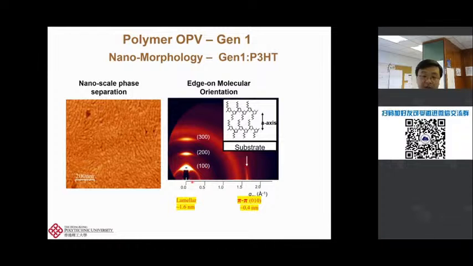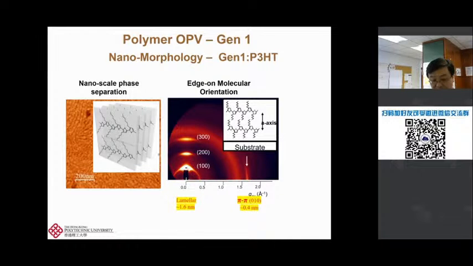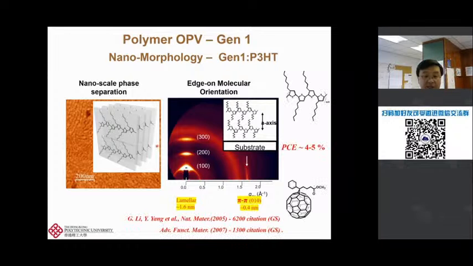Okay. And it was slightly later that we were able to use the so-called grazing incidence XRD technique to identify the molecular packing for these polymers. And here is what we see. These are so-called edge-on orientations, and this tells us that within this polymer blend, the polymers are aligned this way, from the bottom you transport to the top.